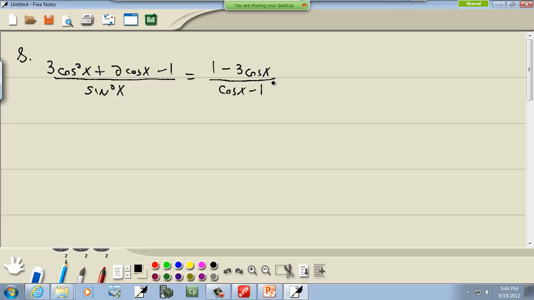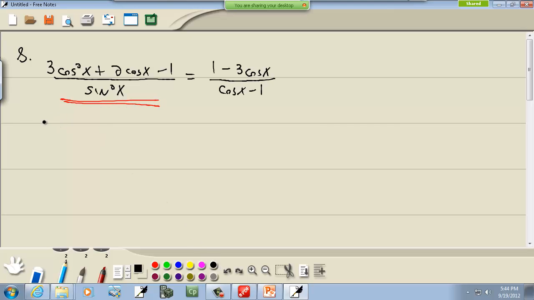You could start with the right side. It looks like this part factors, but I don't know if that would actually help us any. Let's try that. So let's start with the left side.